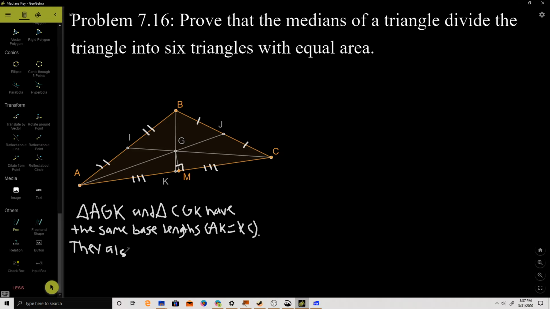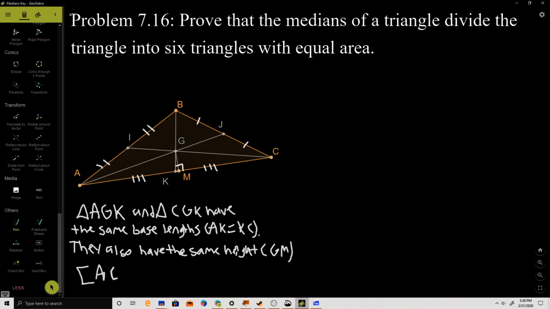They also have the same height, that being GM. And if they have the same height and the same lengths for the base, then we can conclude that the areas must be equal.